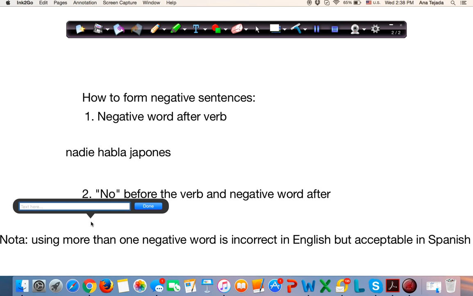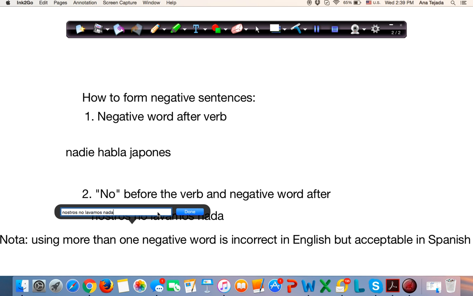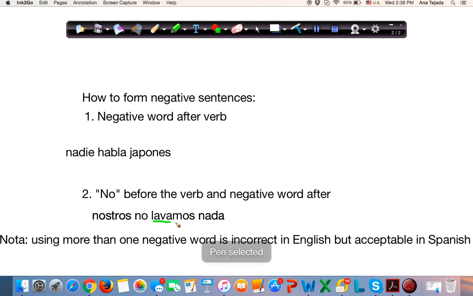So let's look at an example. Nosotros no lavamos nada. So what's our verb here? Lavar, right? That's our action. We have the no before the action, the verb, and then the negative word after the verb, nada.